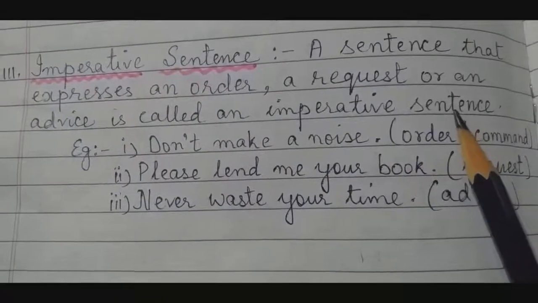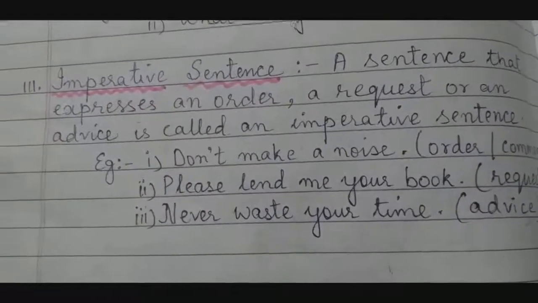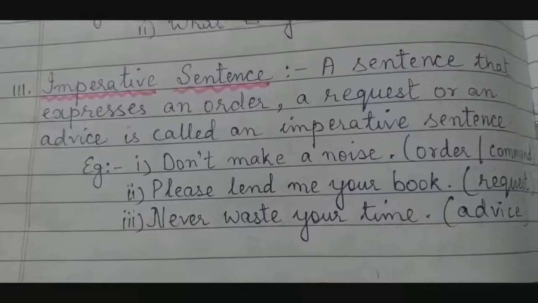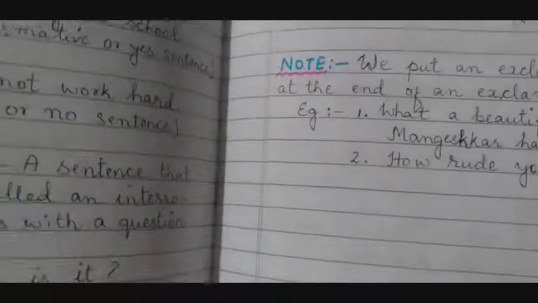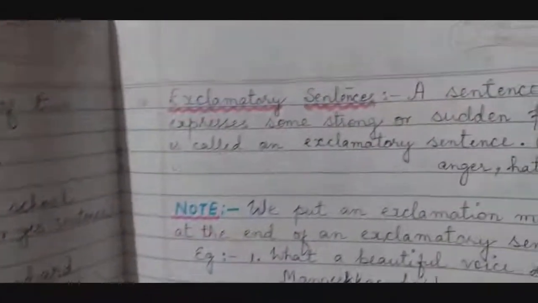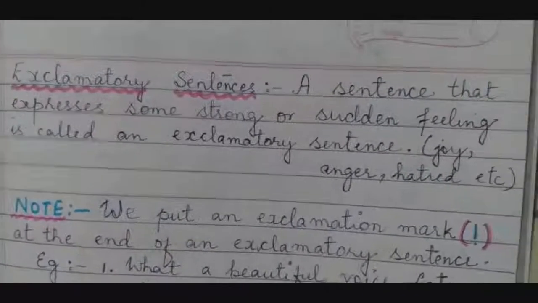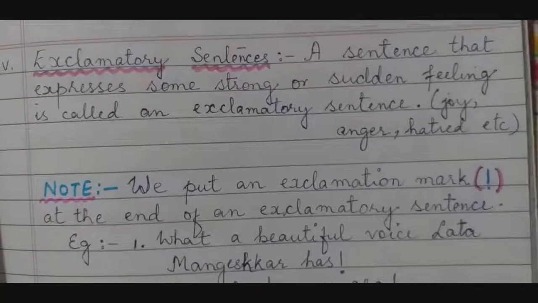sentence. Clear, everybody? Okay, so now let us go to the fourth and the last kind, that is exclamatory sentences. Fine? Yes, here it is. Exclamatory sentences. Now let us see what is an exclamatory sentence.